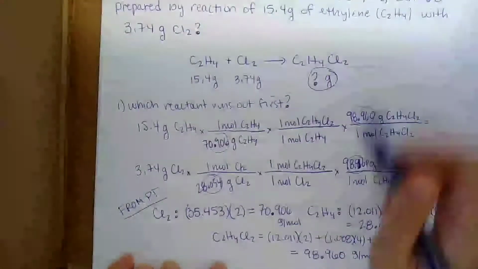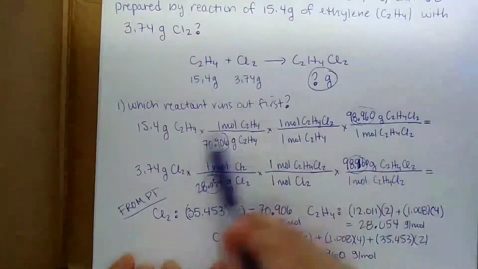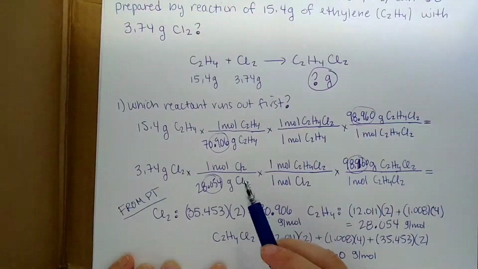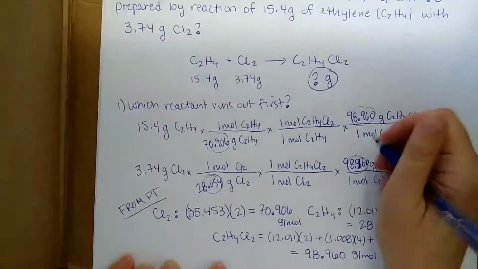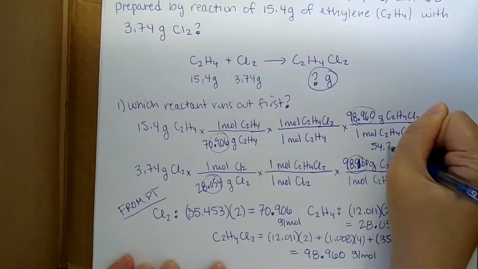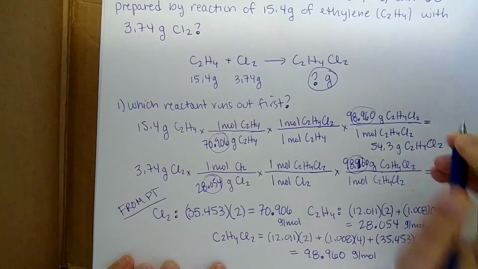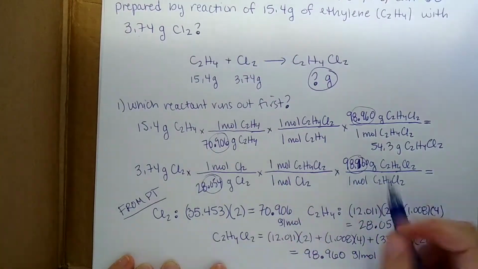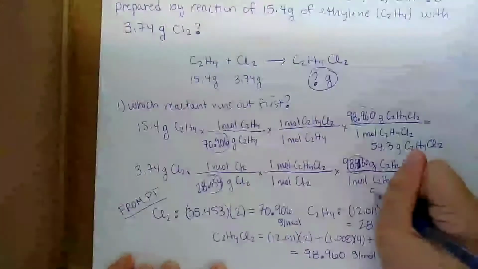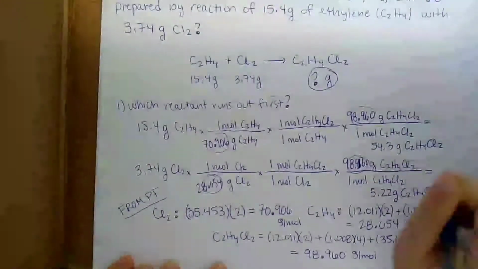So we can finally evaluate these. I recommend typing this into your calculator just to get some practice. I already did it ahead of time though. So this top one is going to end up being 54.3 grams of our product. And then this one here is going to work out to be 5.22 grams of product, C2H4Cl2.